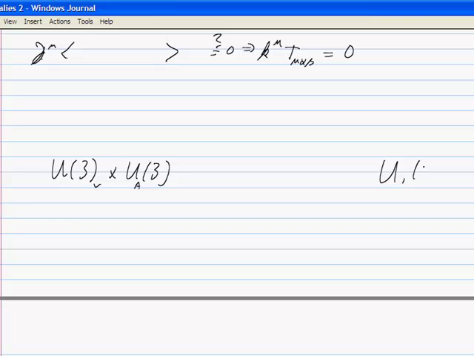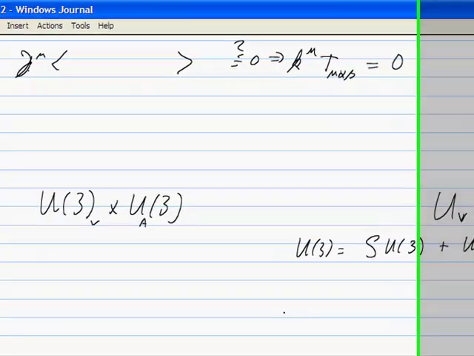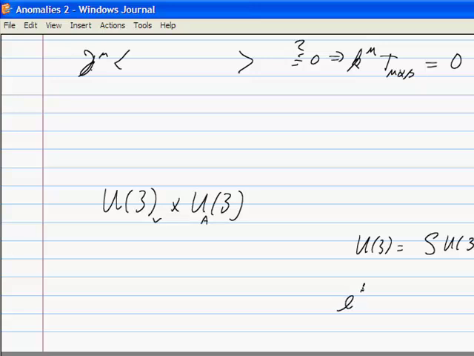U1, that's the vector U1. We can factorize U3 as SU3 transformations plus a U1 transformation. A U3 transformation is e to the i alpha 0 plus alpha A lambda A. These guys are traceless.